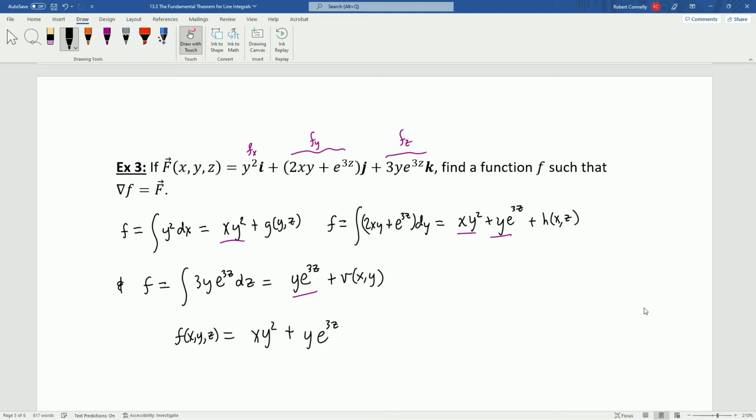And that's it. That covers all the functions that appear in every version of these integrals. And again, I could put plus a regular constant here, but it doesn't ask me to find all functions. It asks me to find a function. This one works. And if you want to double check, you could always check that it works by just taking the gradient here and making sure that you get the same 3 values.